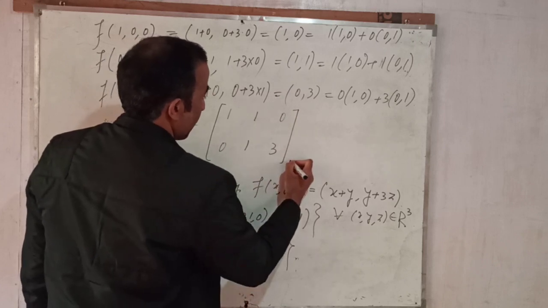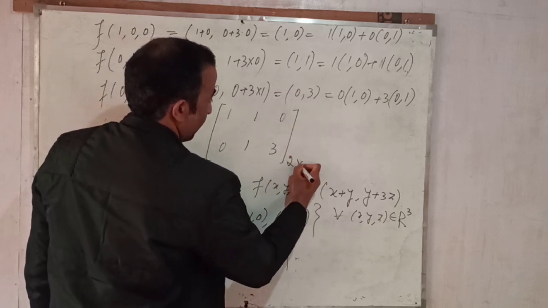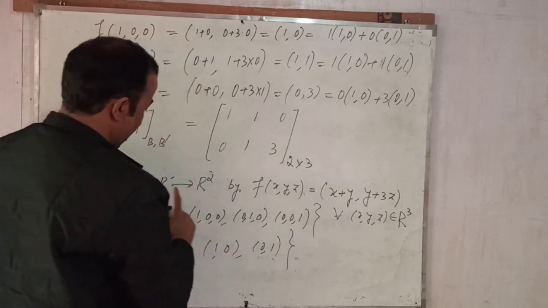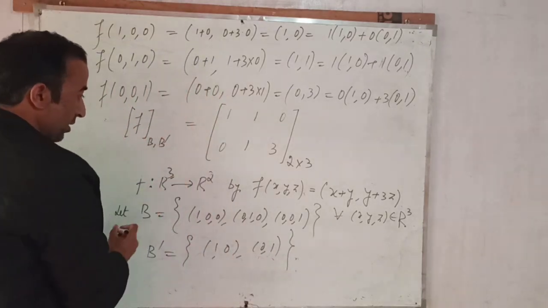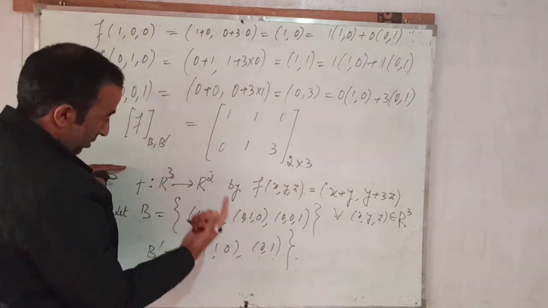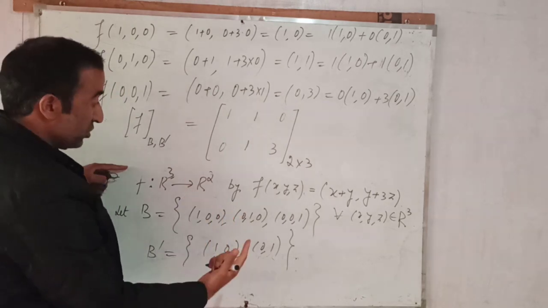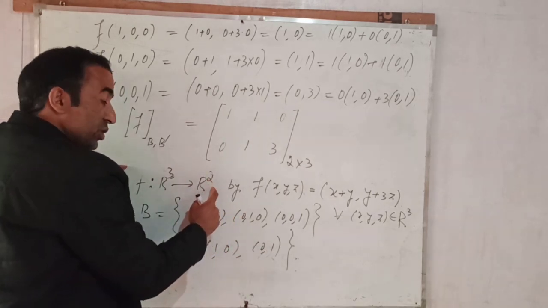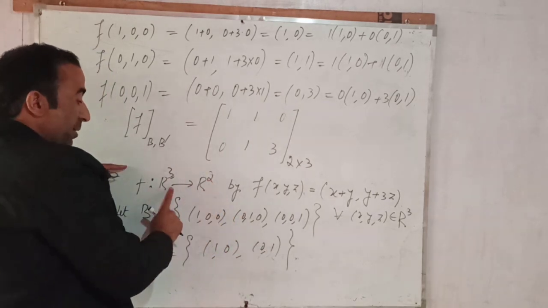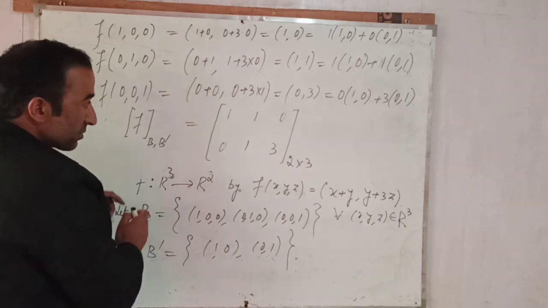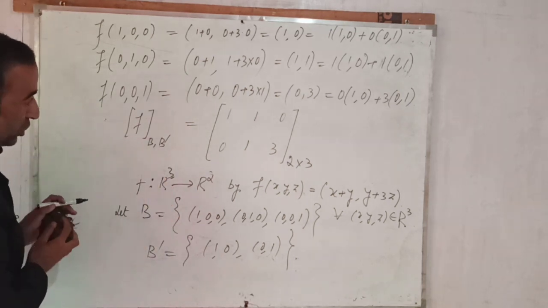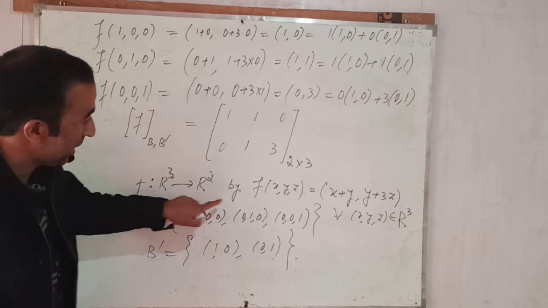Its order is 2 cross 3 because the map goes from R3 to R2. Remember, the order of the transition matrix is the dimension of the second space multiplied by the dimension of the first space. So this is the matrix representation of this very linear map.